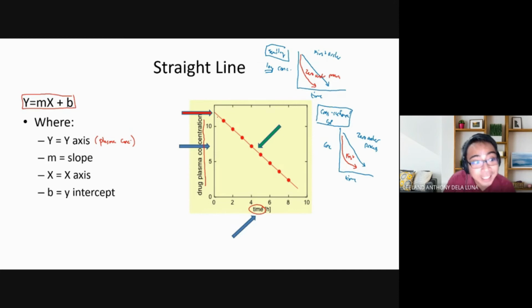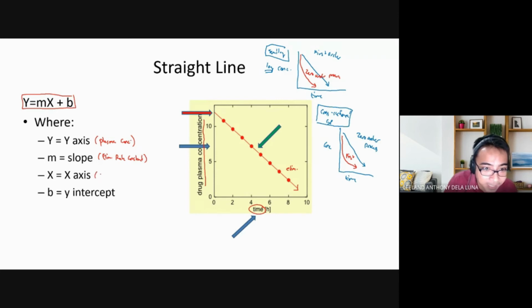This is intravascular. And the line, class, is going down. Right? So this is in the elimination phase. Now, notice class, constant yung elimination natin. So meaning, this is my elimination rate constant. So therefore, class, ang slope ko will be my elimination rate constant.